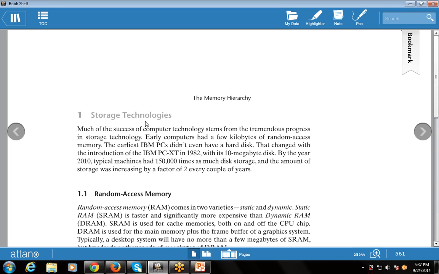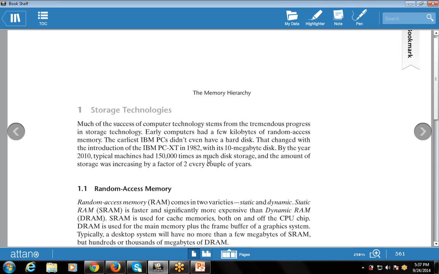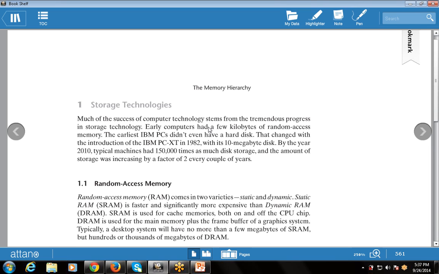Then storage technology: what storage technologies are used? The book says most of the success of computer systems comes from the tremendous progress in storage technology.